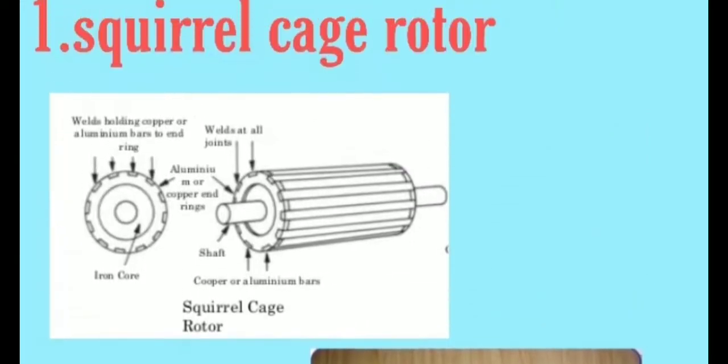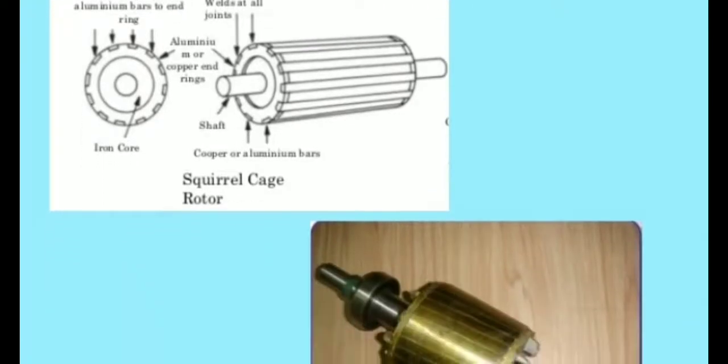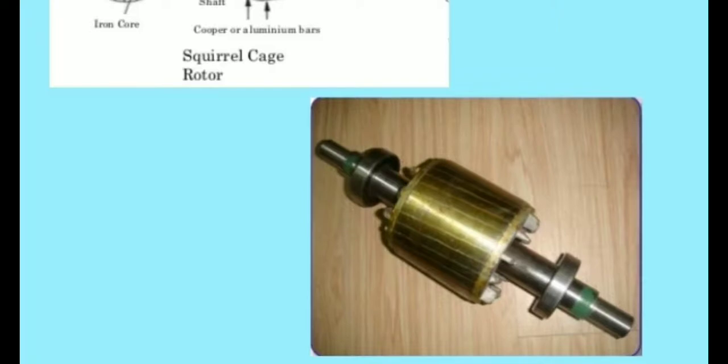In a squirrel cage rotor, because the copper bars are straight to the shaft, the length is less. In a skewed rotor, the copper bar lengths are more.